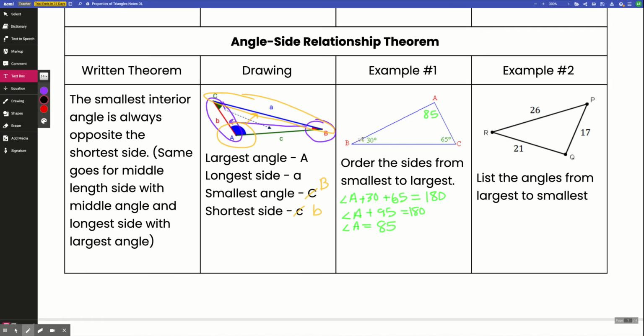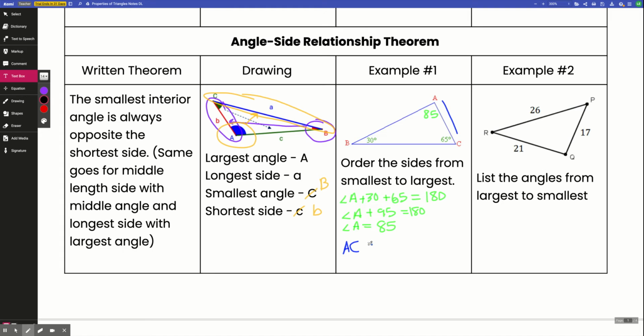So that means my shortest side is across from B. Let me change my color so it's a little easier for you to see. The shortest side is this one, AC.